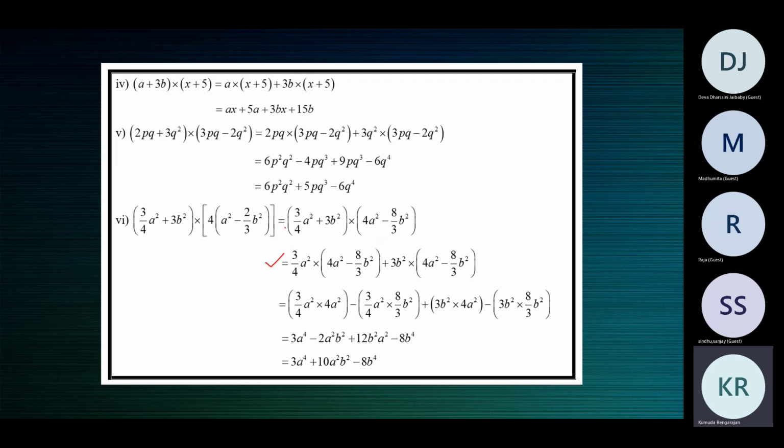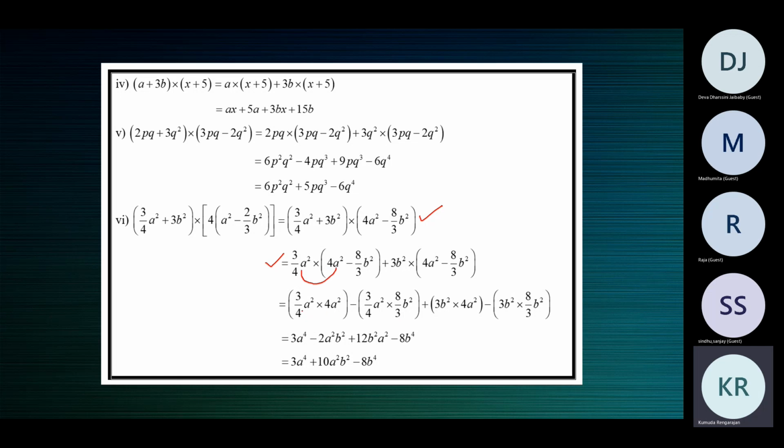Please tell me if you understand the first and the second step. We have discussed this and this. Is it understood? Yes, ma'am. Okay. Now, since they are fractions, I have shown the step like this. So now what do you multiply? 3 by 4 a square into 4a square. I've shown that here.